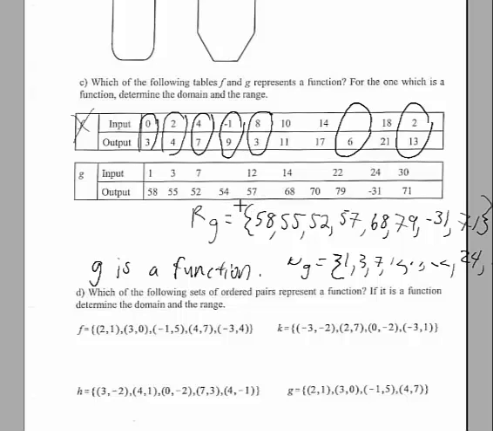Now, in this case, we use the term range somewhat loosely. I like to call the range the list of the outputs that have been assigned. So 58, 55, 52, all these other numbers. Notice that 54 and 70 weren't assigned.